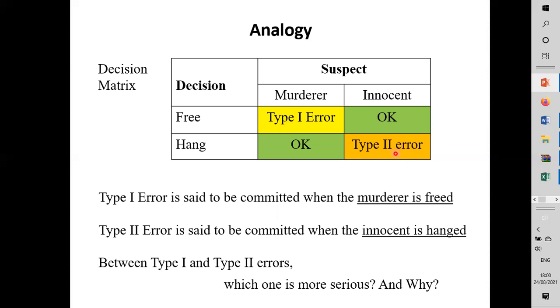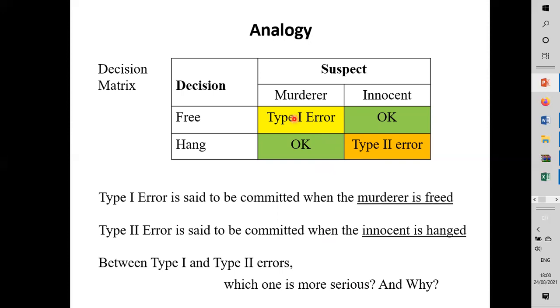You hang an innocent, what happens outside? Nothing happens. So type 1 error is analogous to the murderer being free. Type 2 error, the innocent being hanged. So between type 1 and type 2 error, which is more serious? Type 1 is more serious, right?